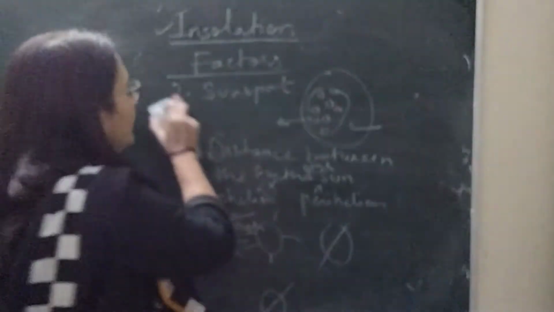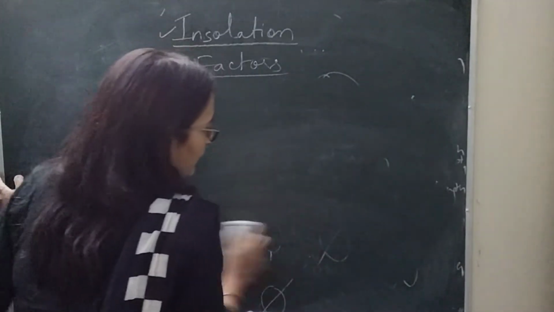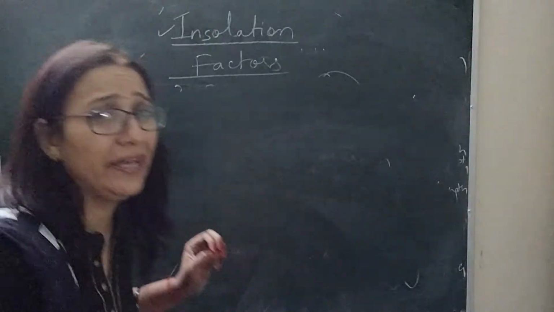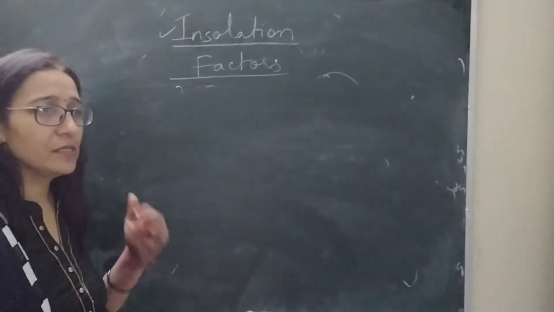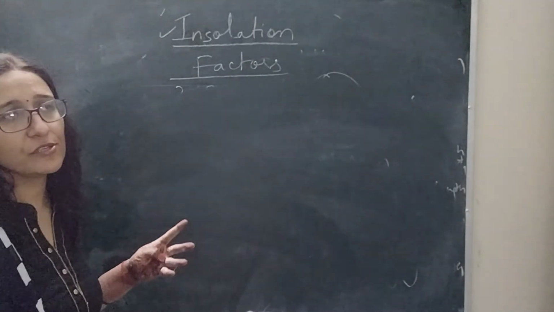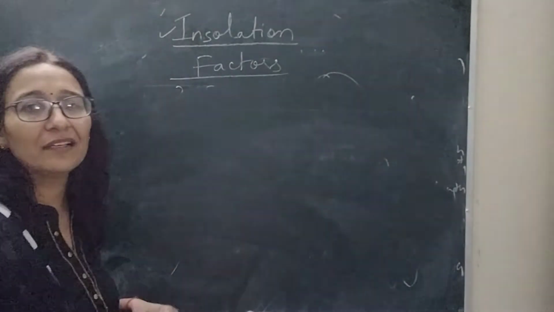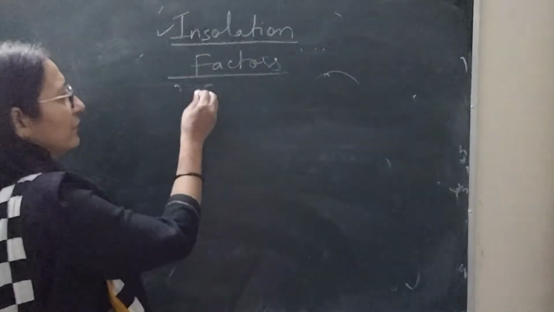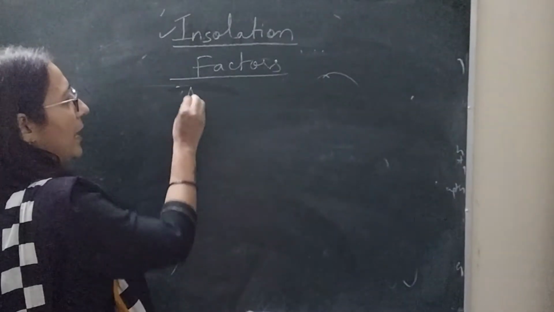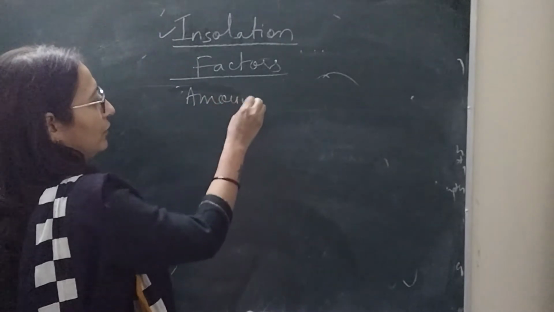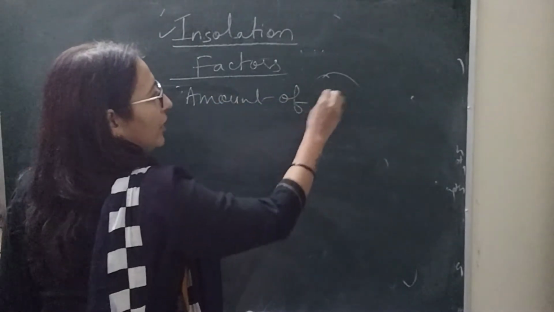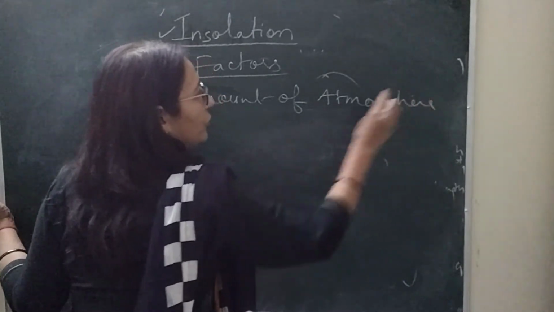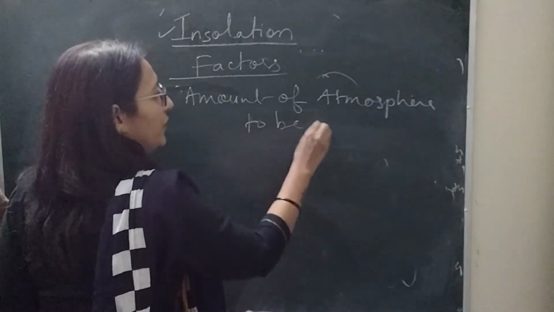Now fifth, the transparency of the atmosphere. When the incoming solar radiation, the sun rays, reaches the earth, the atmosphere acts as a transparent medium. Another factor we can say here is the amount of atmosphere to be crossed.